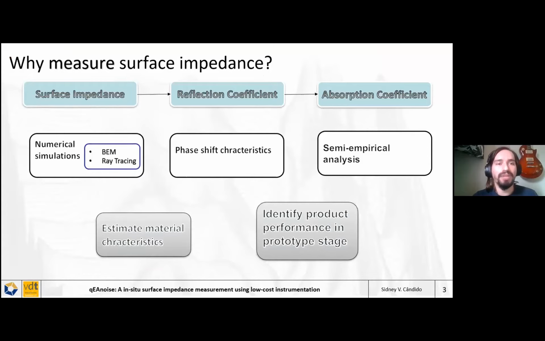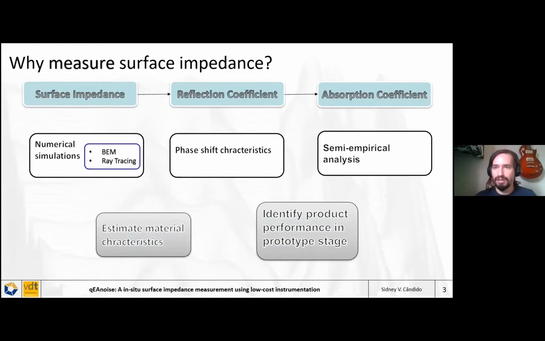So why measure the surface impedance? This quantity is an acoustic quantity. So for acousticians it is important because we can calculate the reflection coefficients and the absorption coefficients. You can use all this data in numerical simulations, like the work being done by Finner, Luis, and also Renaud.